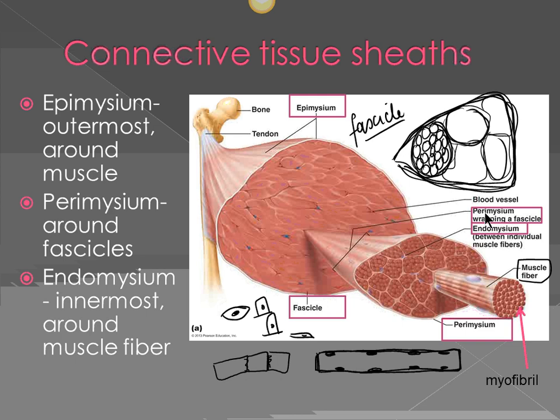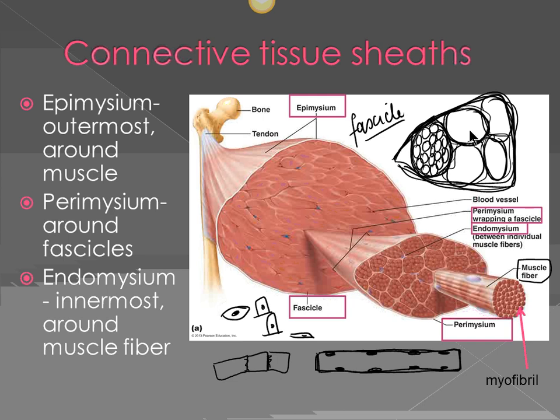So all of these are fascicles, and covering each fascicle would be perimysium. So the epimysium sends perimysium around this, around this, around this. Each fascicle has its own perimysial covering. The epimysium is just one because it covers the entire muscle.